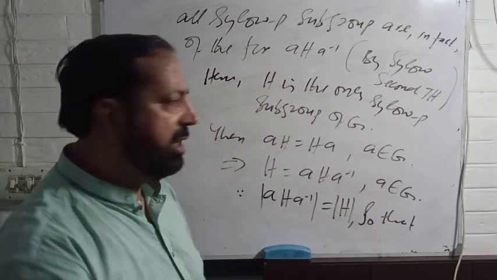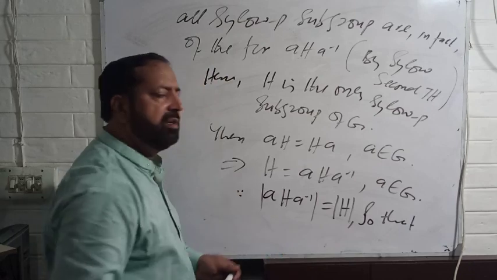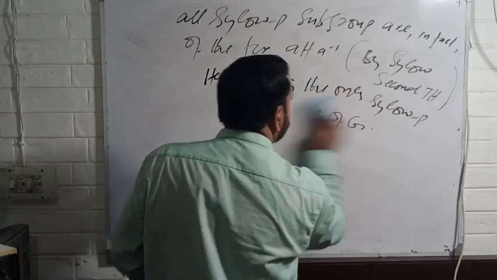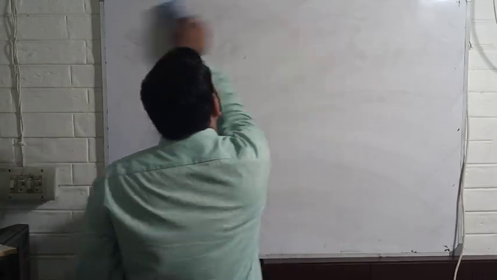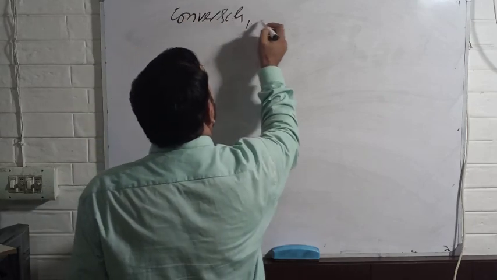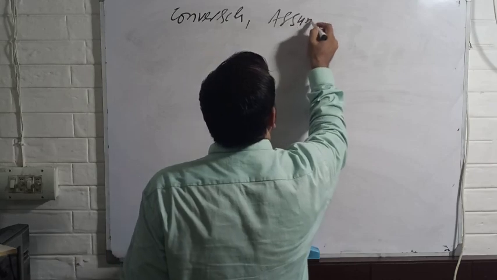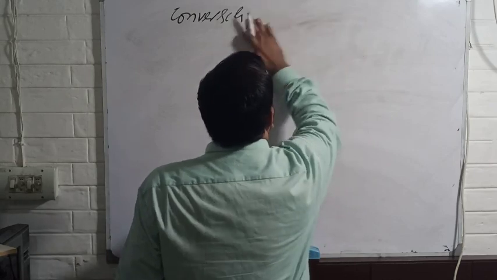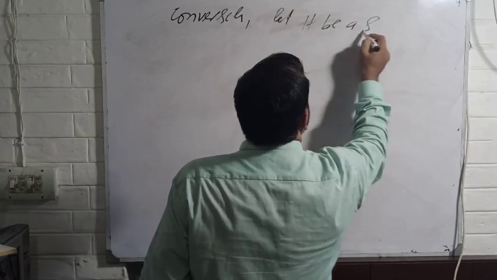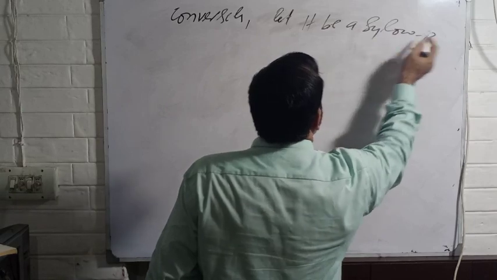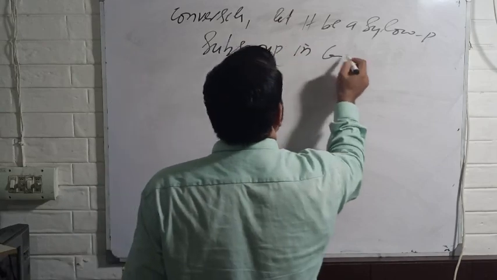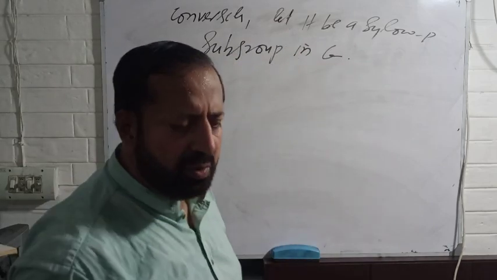Okay, we can write this formally as well. If you are not getting the proof in easy words, then I can write this again. Okay, see, conversely, assume let H be a Sylow P subgroup in G. I need to show that H is the only Sylow P subgroup.